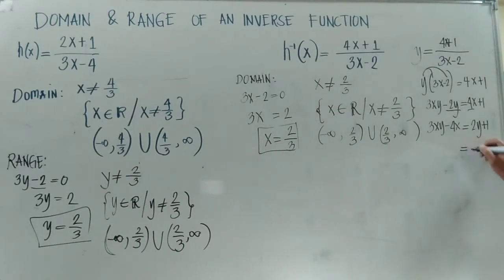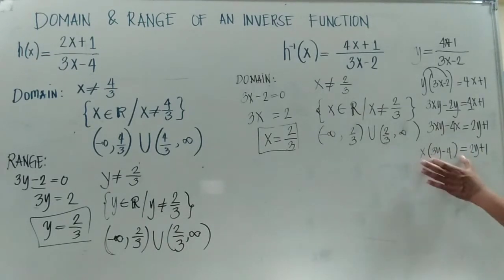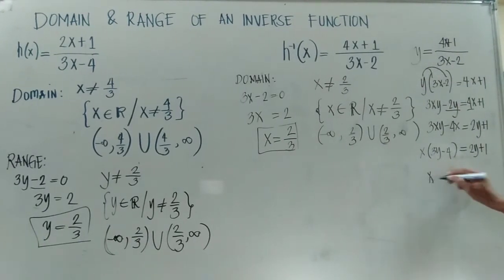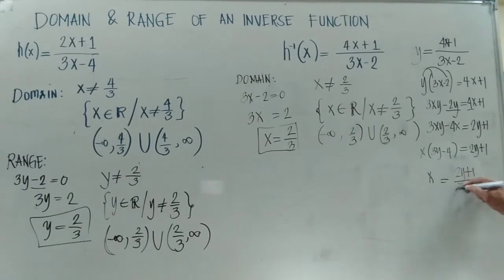Getting the common factor x between 3xy and 4x, we have x times (3y minus 4), copying 2y plus 1. Then divide both sides by 3y minus 4, and we get x equal to, the numerator is 2y plus 1 and the denominator is 3y minus 4.